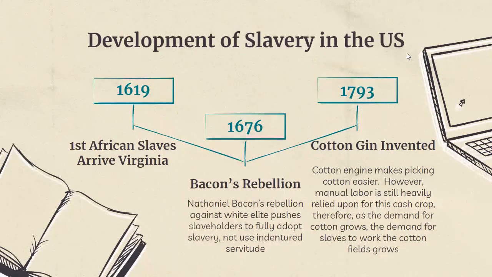In fact, it increases the amount of labor, or slaves, that are needed to pick cotton. And therefore, we will see the rise of cotton and the rise of slavery, only more so post 1793.